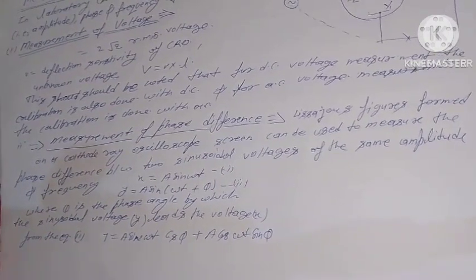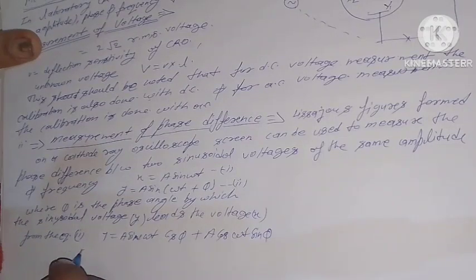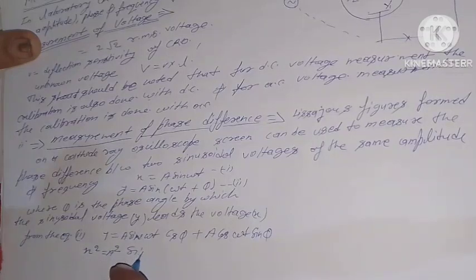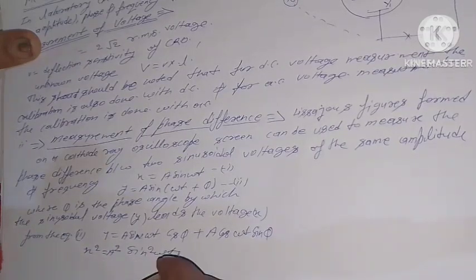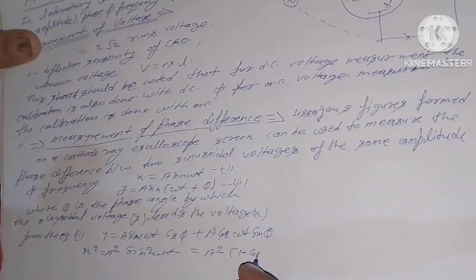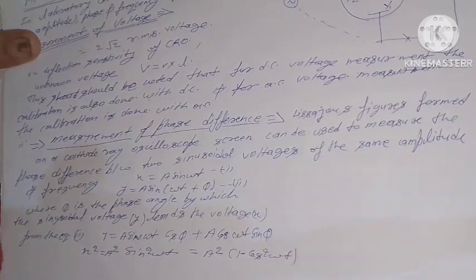Now x squared equals a squared sin squared omega t, which equals a squared times one minus cos squared omega t.